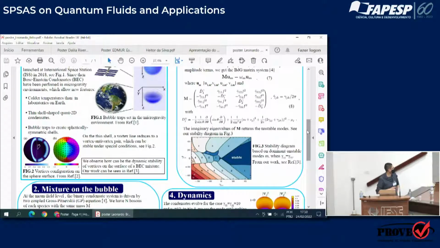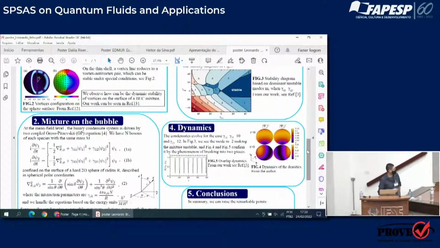So we build in figure 3 a stability diagram for this case. This is a semi-analytical prediction, and we check our result by a dynamic simulation.